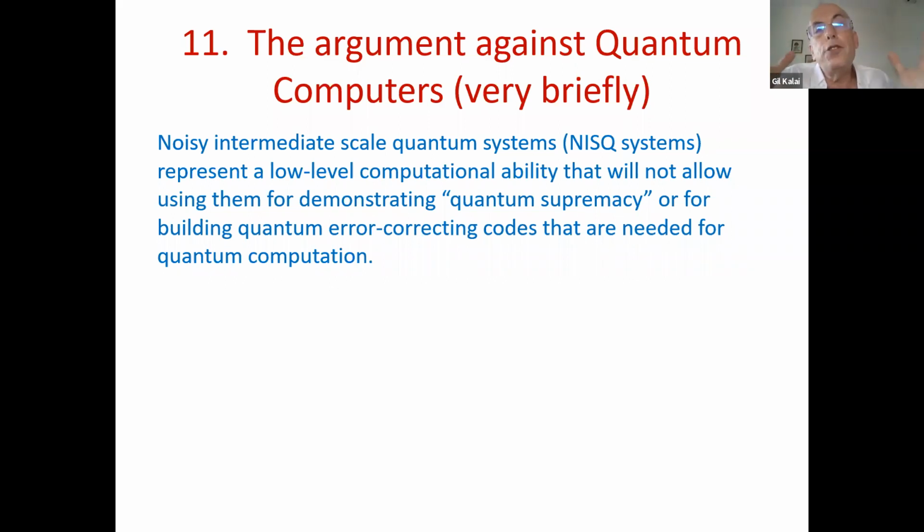In the NISQ regime, you don't have sufficient computational power to demonstrate quantum supremacy. You don't have sufficient computational power to build quantum error correcting codes, which are harder than demonstrating quantum supremacy, and therefore you will not be able to do anything even in the higher regimes.